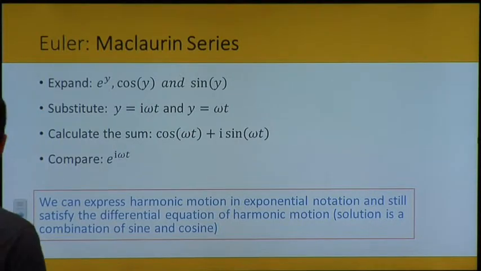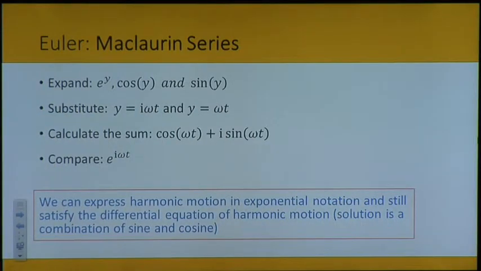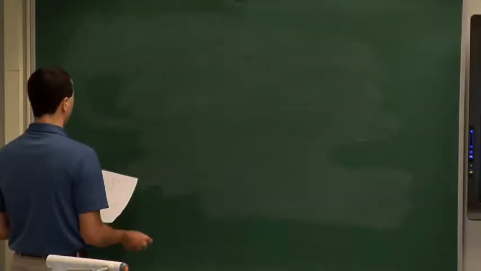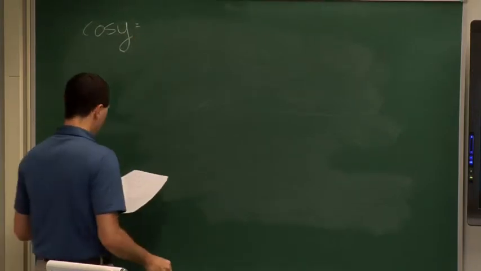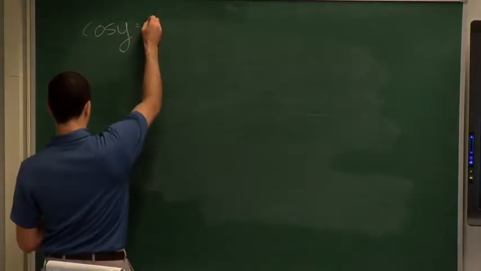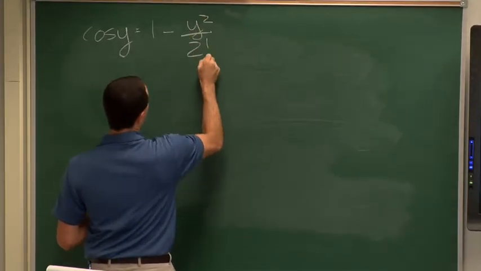Let's do our cosine and sine. So if I were to do cosine of y, the Maclaurin series expansion will end up being this.